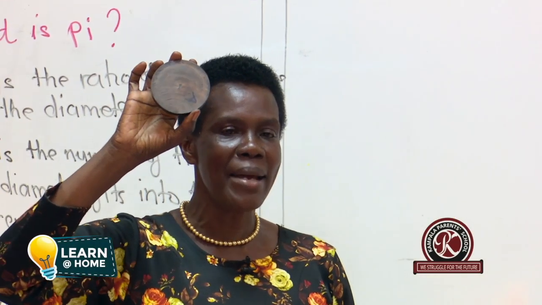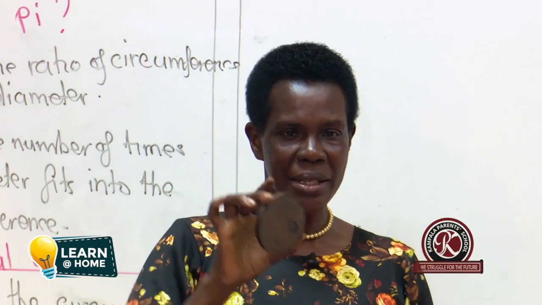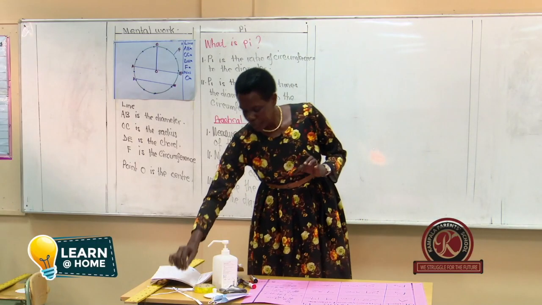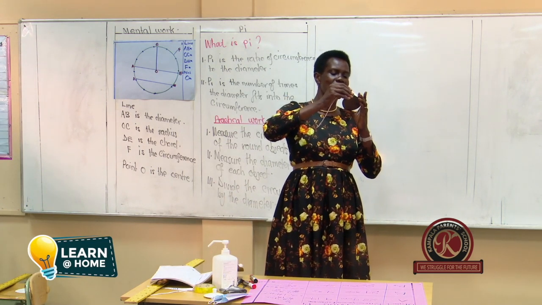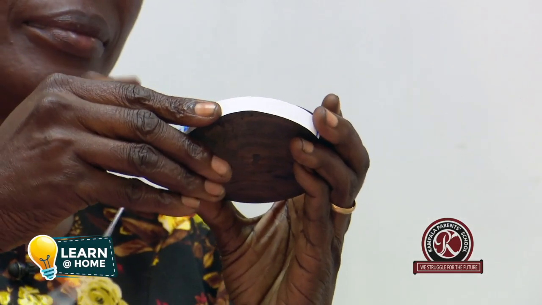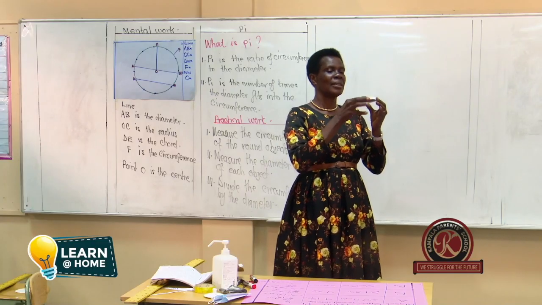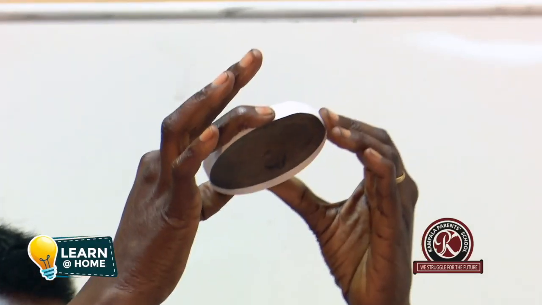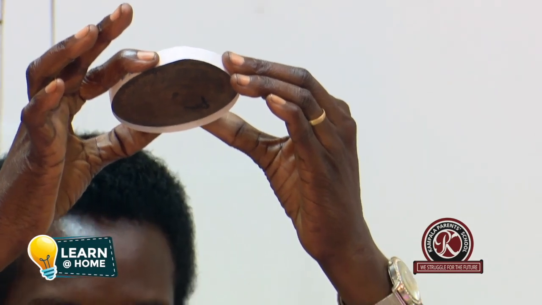This is my first object. I've named them A, B1, B2. So the first one, this is what I'm going to use as a thread. This one has moved round the circumference.